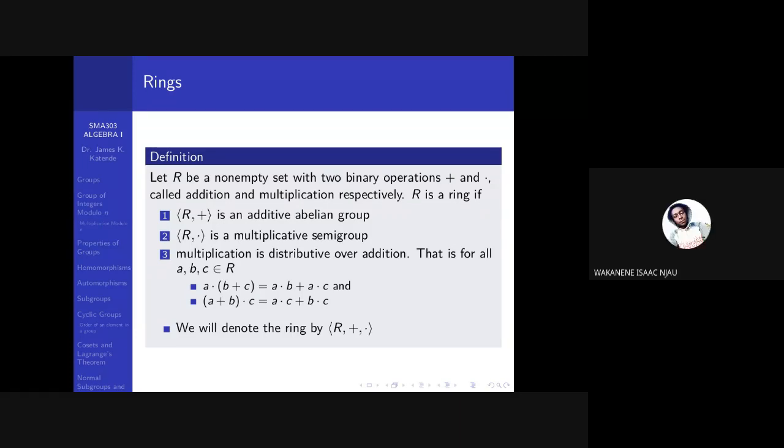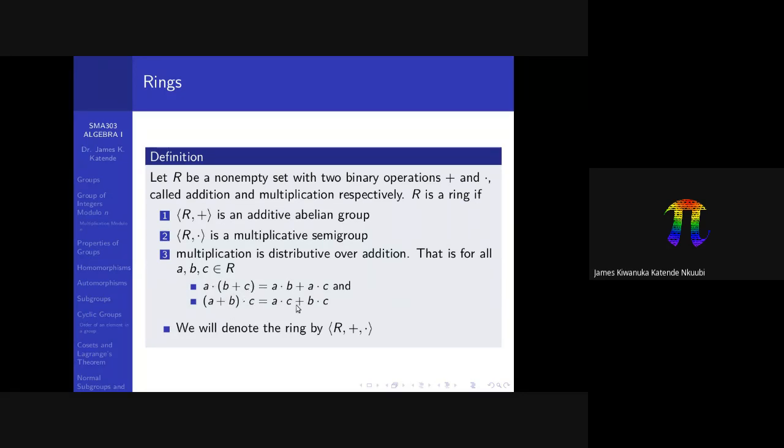Yes. Of binary operations over others. So this third property says that the multiplication must be distributive over addition. So any three elements you pick from the set R, this multiplication will be distributive over addition on both the right and the left.